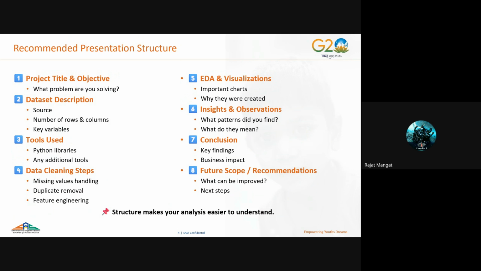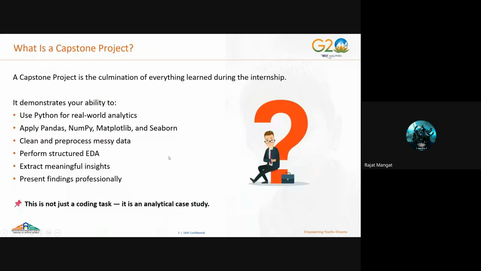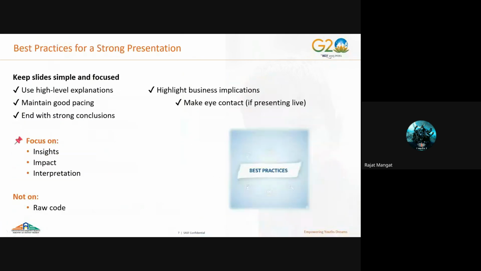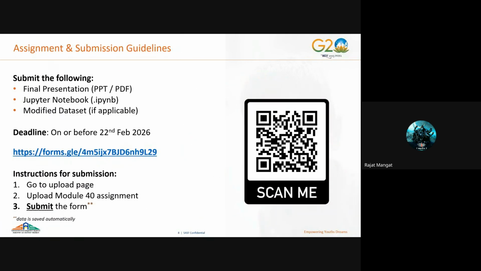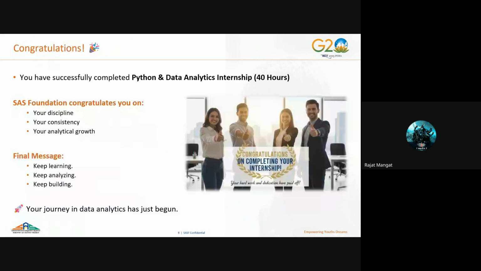You will get all those things as part of the analysis, but the structure of your PPT should be like this only. Then you have to submit this in PPT format, and separately submit the code also on this particular Google form.